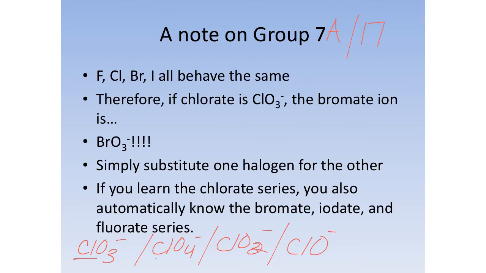Now we know that chlorine is going to behave the same way that all of the other halogens do. So if we know chlorate, we also know the bromate, fluorate, and iodate series. So you can simply substitute one halogen for the other because they all have seven valence electrons, they'll all bond in a similar fashion.